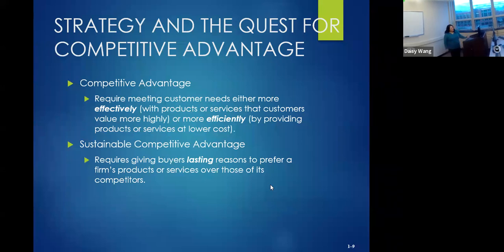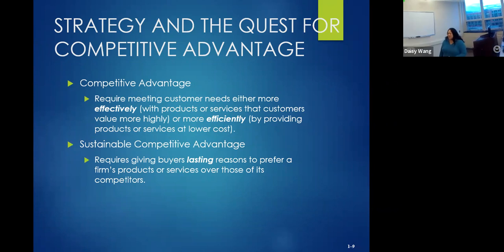And the competitive advantage is something your company can do better than your competitor. But sometimes when you can do something better and your competitor figures it out, they might want to copy what you are doing. And sometimes they might be able to do it better than you.